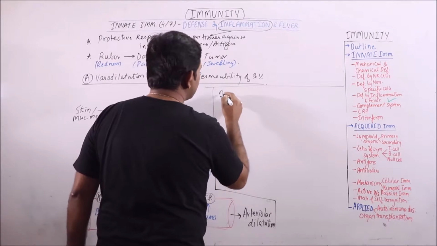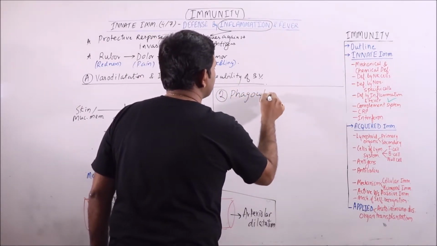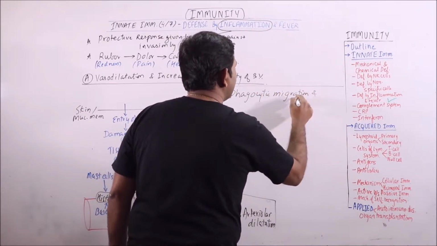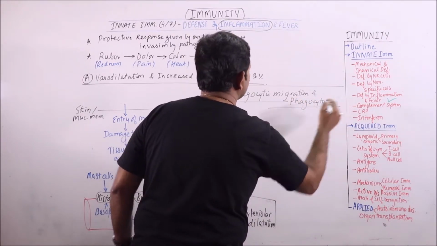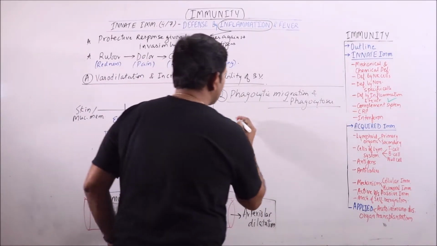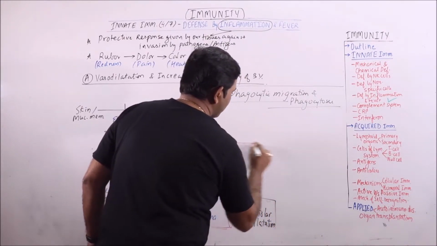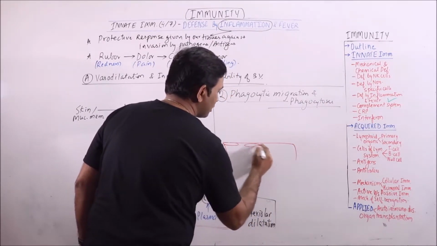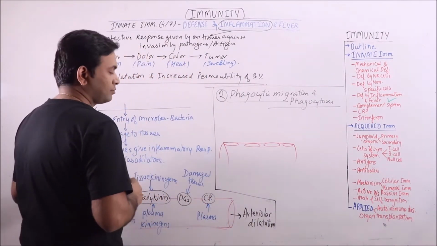Then comes the second step, that is phagocytic migration and phagocytosis. How is this step initiated? For example, this is a blood vessel and these are endothelial cells.